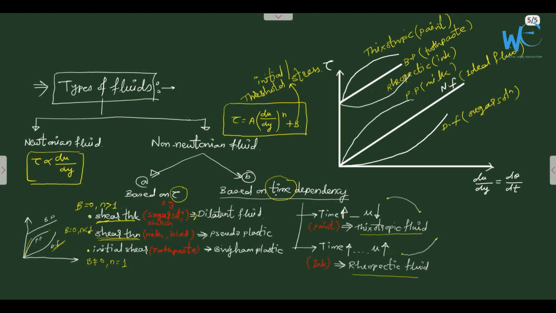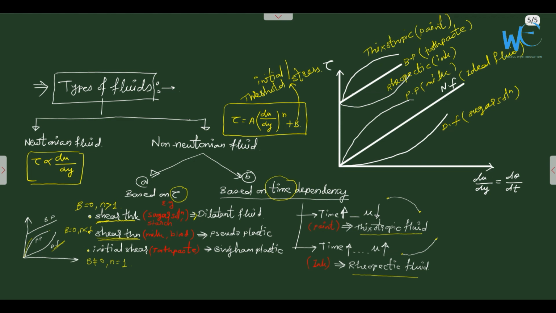And in the case of time dependency fluids, obviously there are only two cases. Time goes in both ways. If time increases, then we see whether their viscosity becomes more viscous or less viscous.